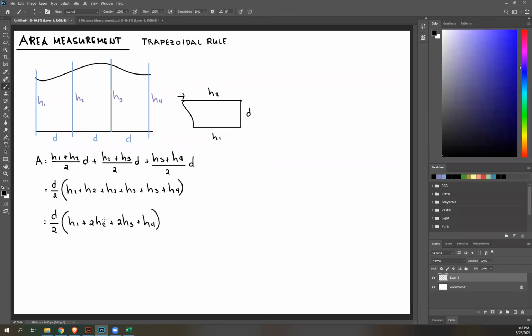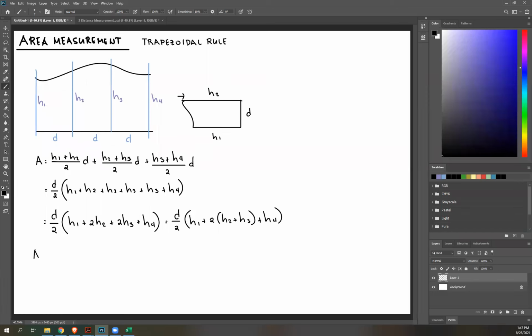Now we can factor out 2 for H2 and H3. So D over 2 times H1 plus twice H2 plus H3, and then plus H4. Again, H2 and H3 are just your offsets in between your first and last one.